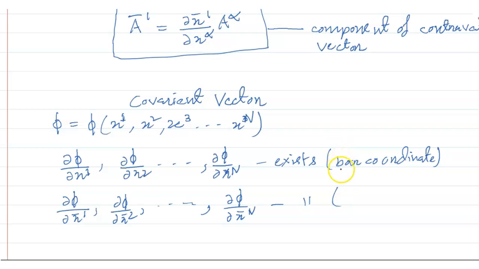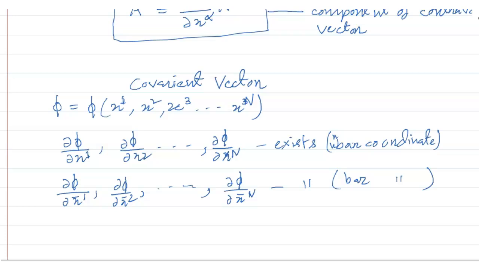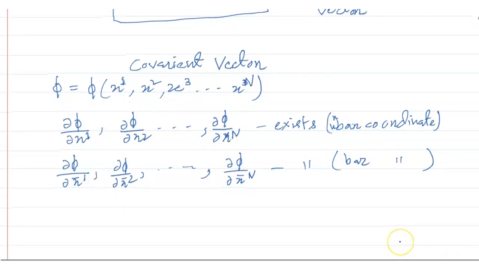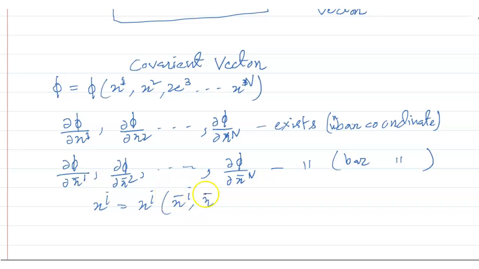This is the unbar coordinate, and this is the bar coordinate. Now x superscript i can be written x bar 1, x bar 2, x bar 3, up to x bar n.